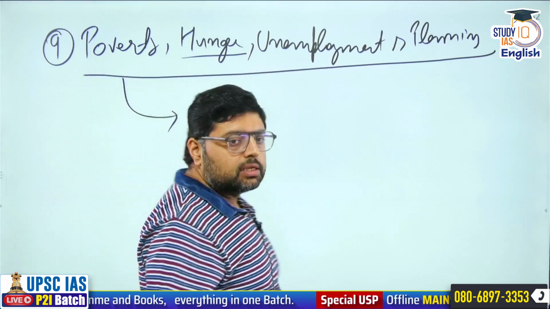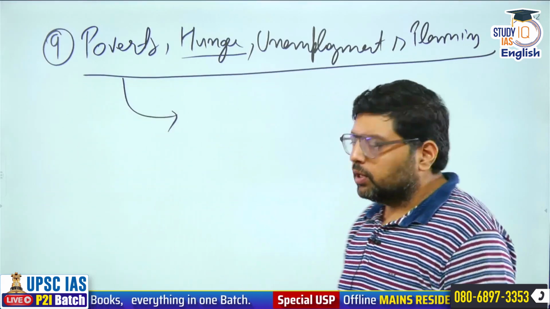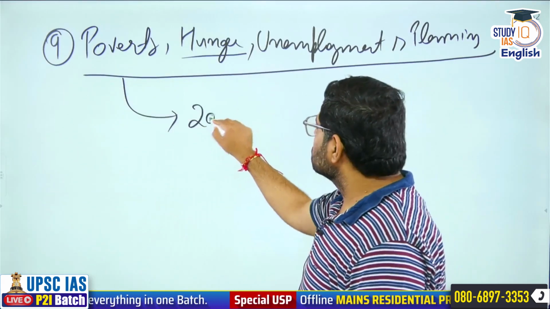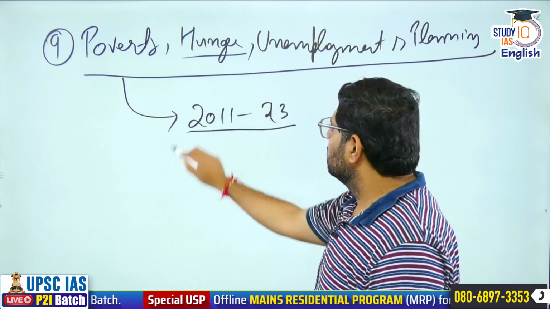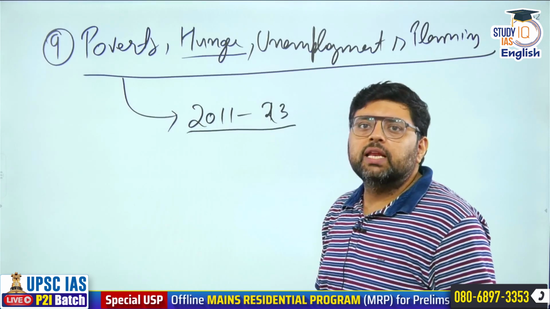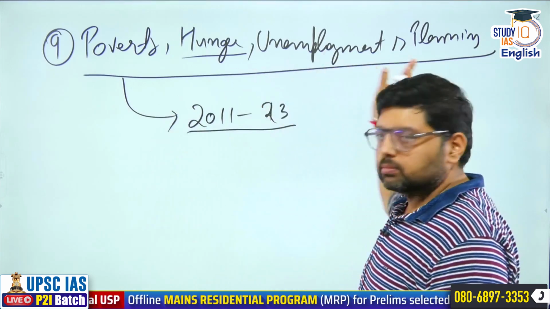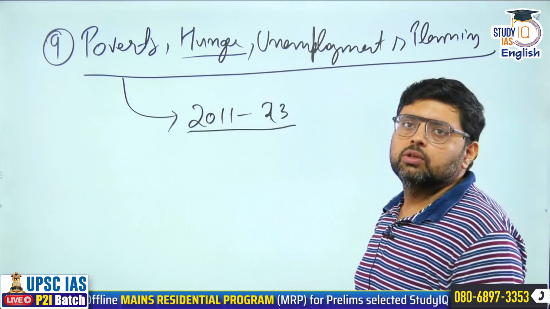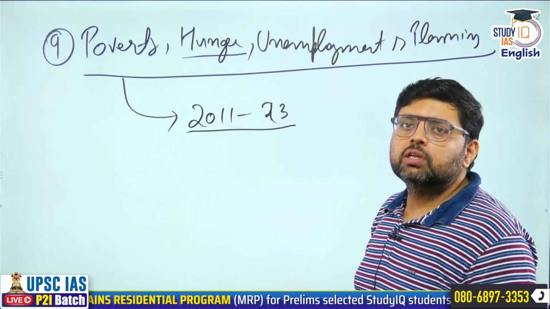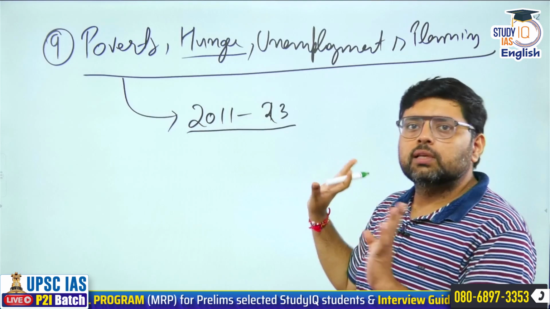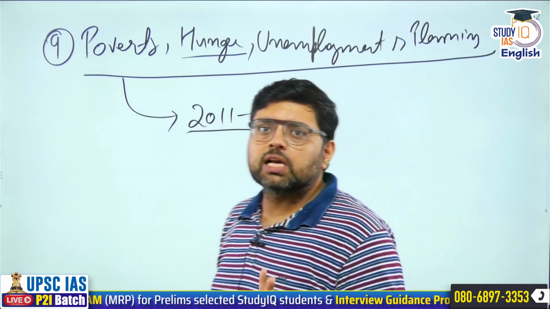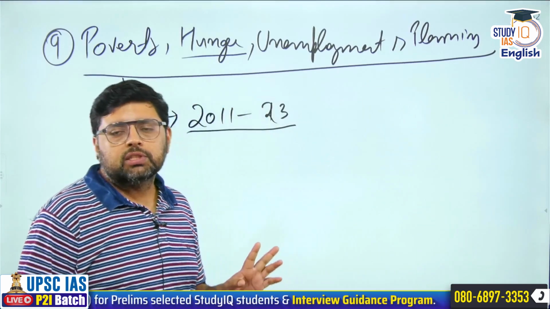Here I can say with surety, if you see questions from 2011 to 23, you will find very few questions from these areas, very few. So if you study these topics less, that is enough, because chances of a question being asked from this area are very low.